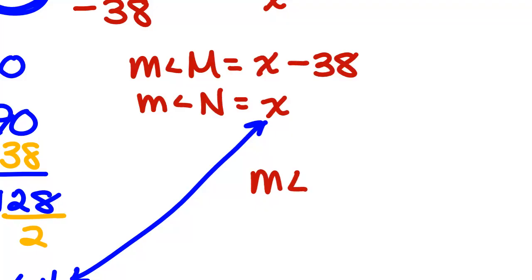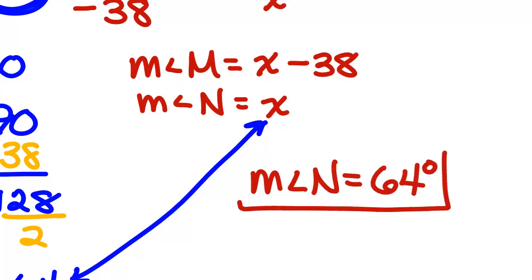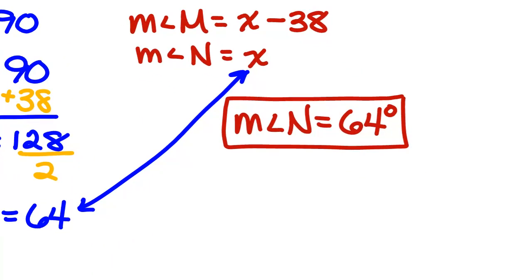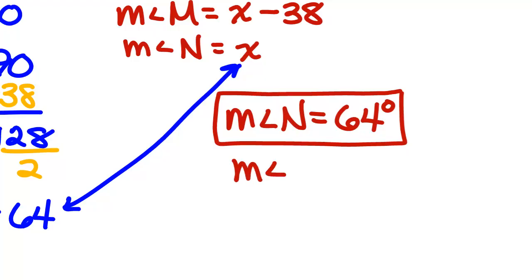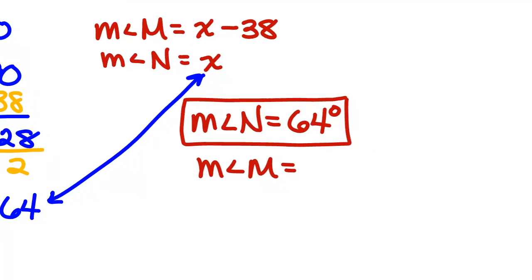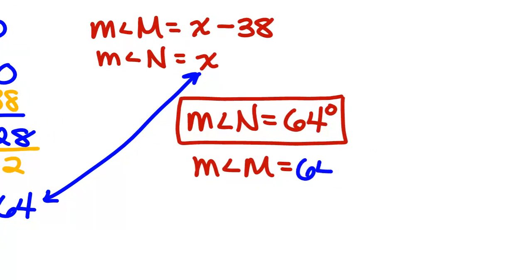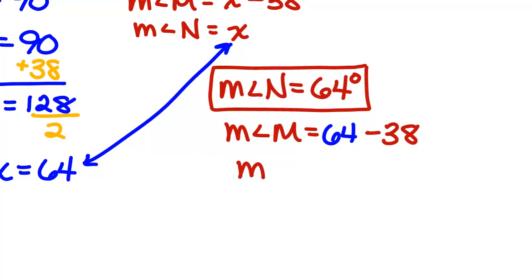So the measurement of angle n is 64 degrees. The measurement of angle m is 64 and then 38 less than that. So take away 38. You should get 26.